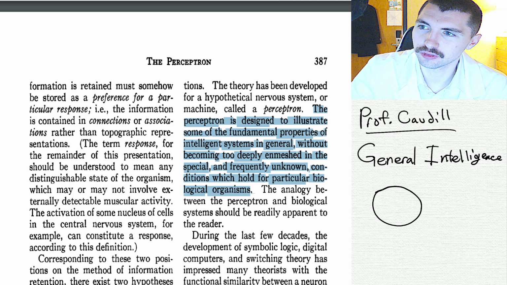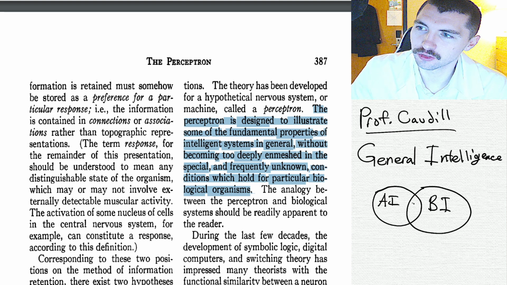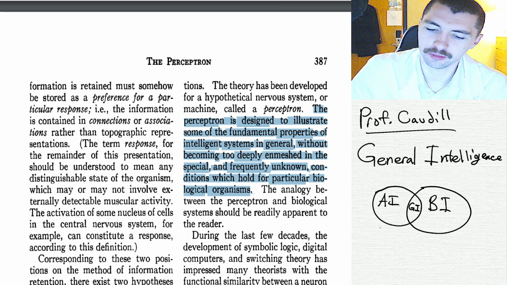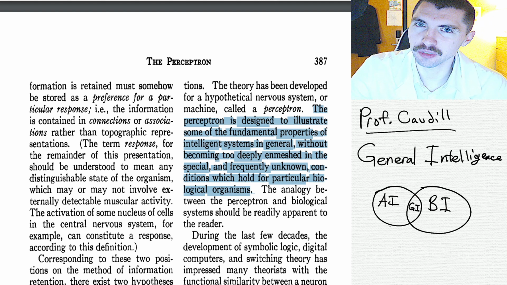So if you have AI, and then you have BI for biological intelligence, then GI is going to be in the middle. General intelligence might not be made of silicon.